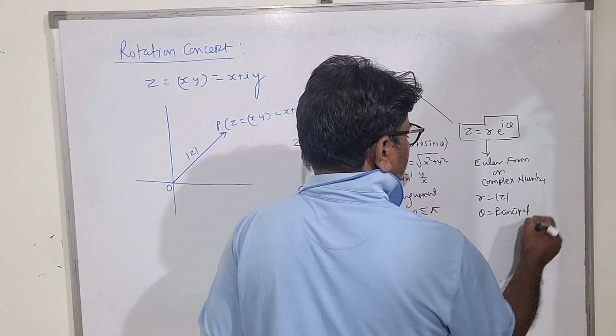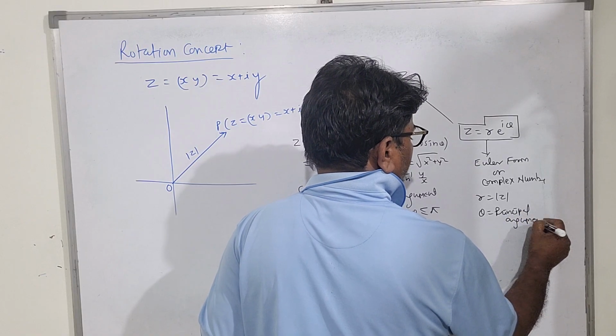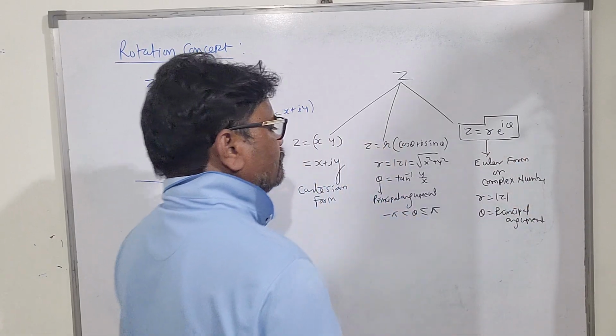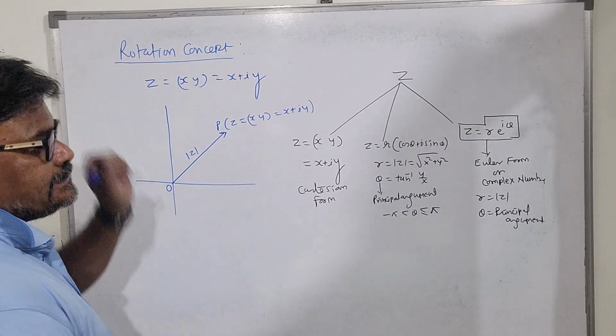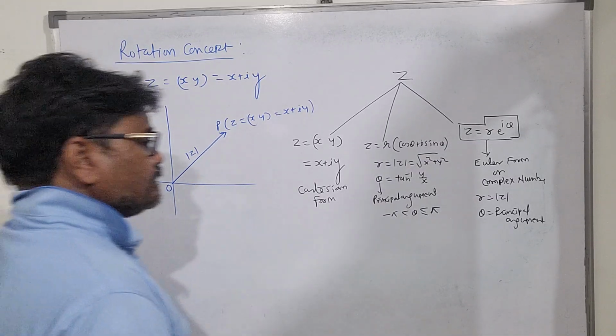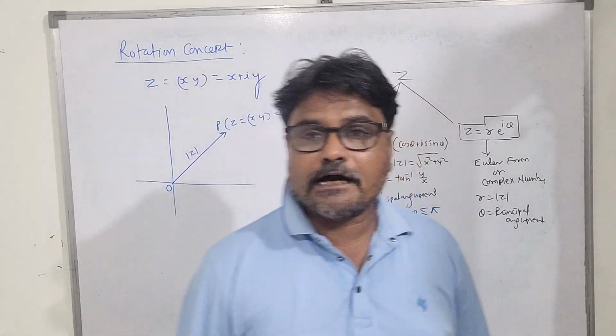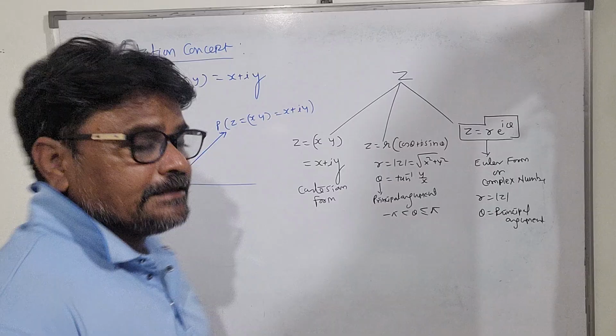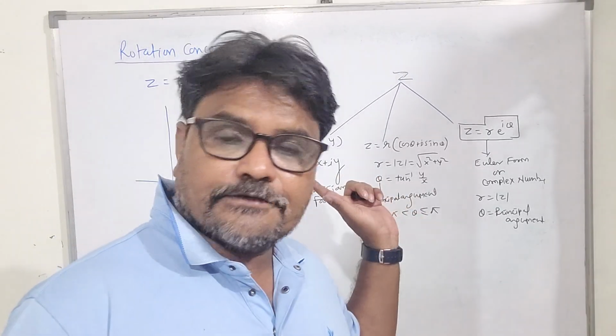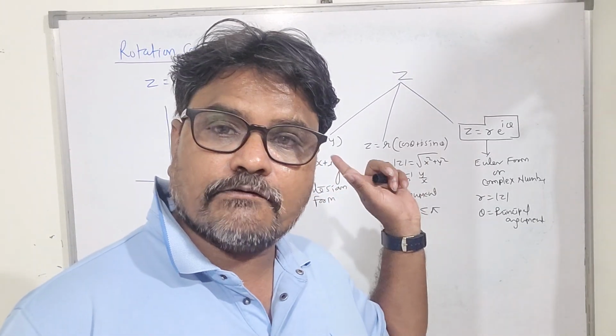Correct? So we will use this Euler form to understand the concept of rotation of complex number. Means this complex number z has to be written in Euler form. And rotating the complex number z means we have to rotate this arrow OP, this vector OP.